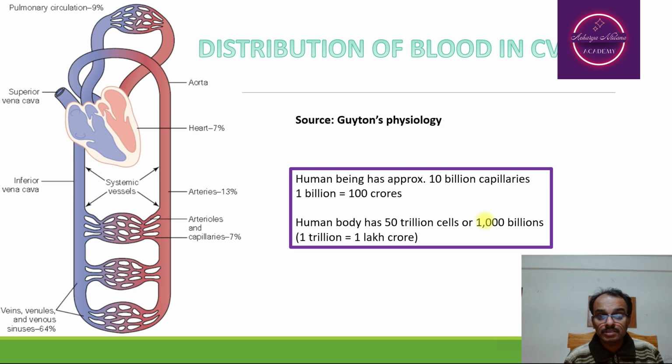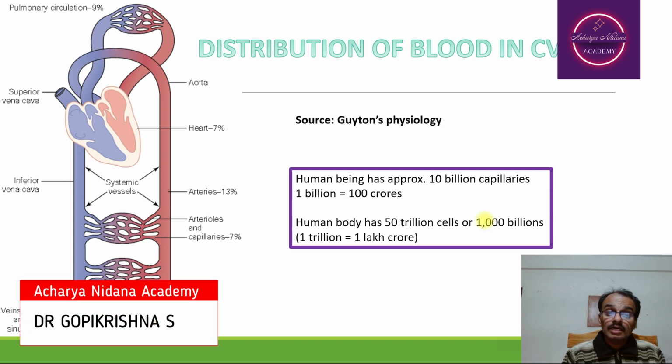The human body contains around 10 billion capillaries. When you think about blood distribution, the capillaries, including arterioles and capillaries, contain only around 7% of the blood, whereas 13% of the blood is present in the arteries and aorta, 7% of the blood is present in the heart, 64% of the blood is present in veins and venules, and 9% of the blood is present in the pulmonary capillaries or pulmonary circulation.